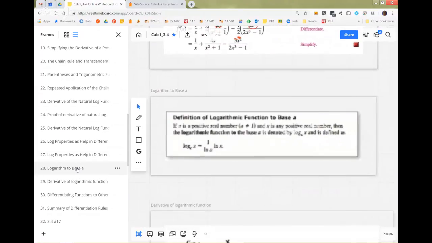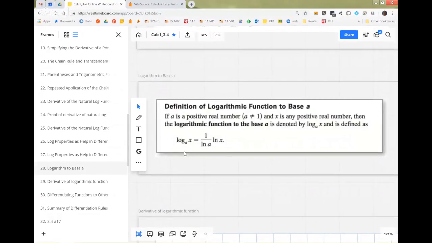Okay. This is not a derivative. Okay, so what happens when you take the log to a different base, not e, not a natural log, but any base a?